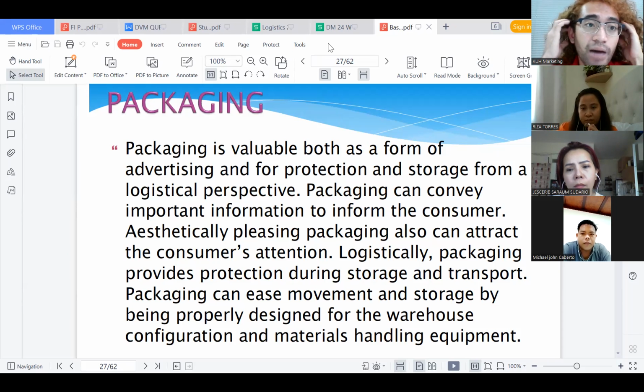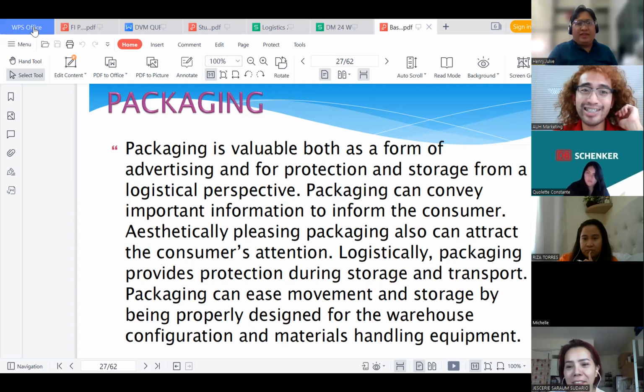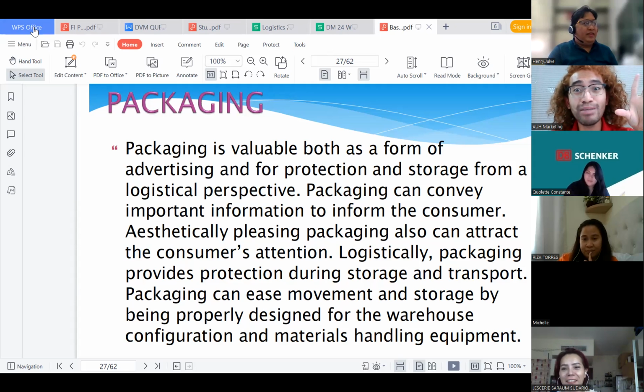Logistics companies are becoming like a number 1 producer of waste. The item is this small, the box is this big. So, you understand that, no? Ang dami ng waste, basura doon.